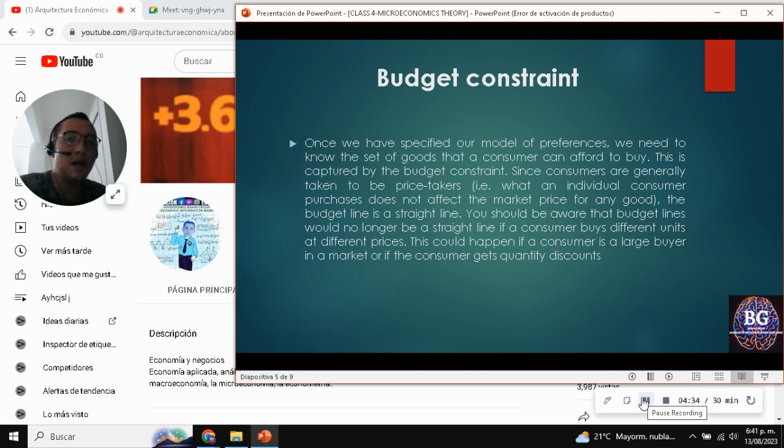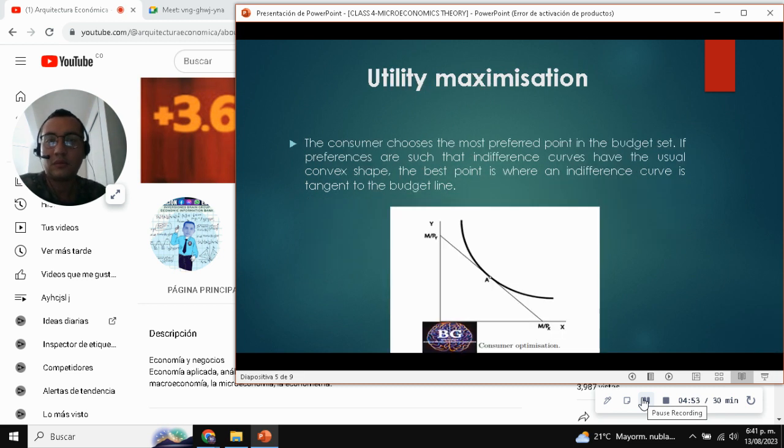You should be aware that budget lines will no longer be a straight line if a consumer buys different units at different prices. This could happen if a consumer is a large buyer in a market or if the consumer gets quantity discounts.